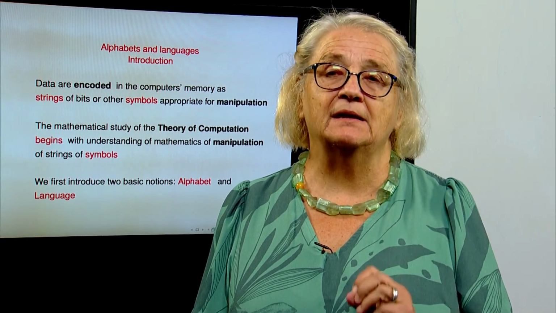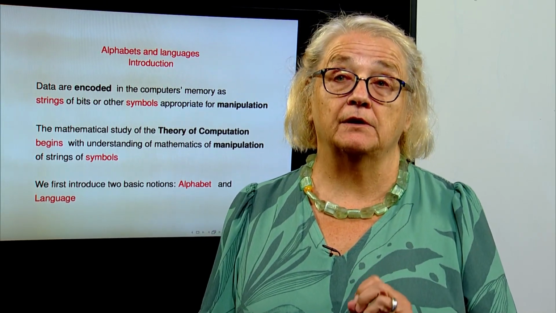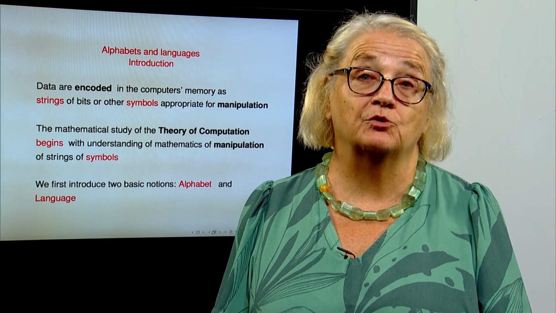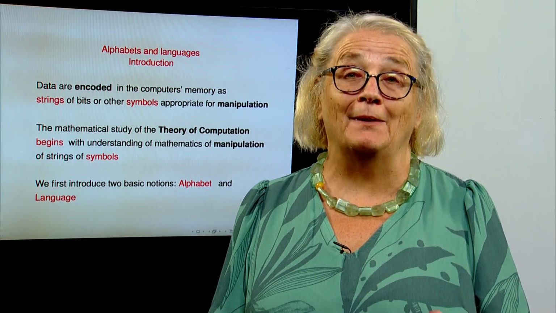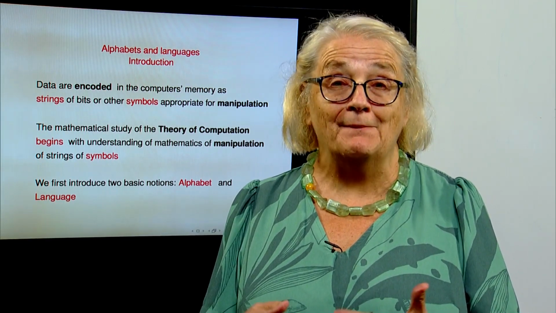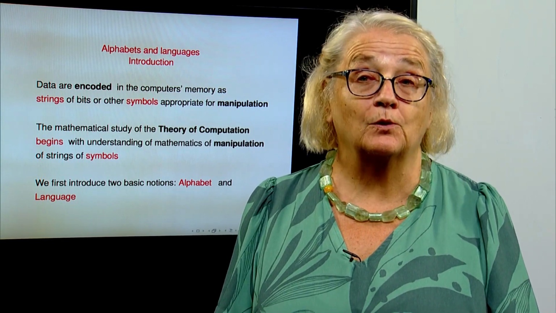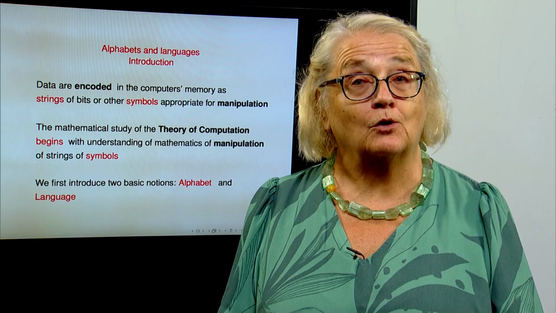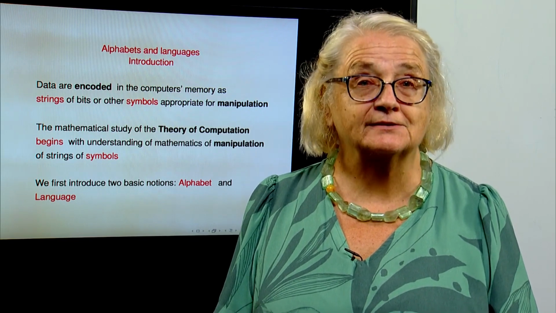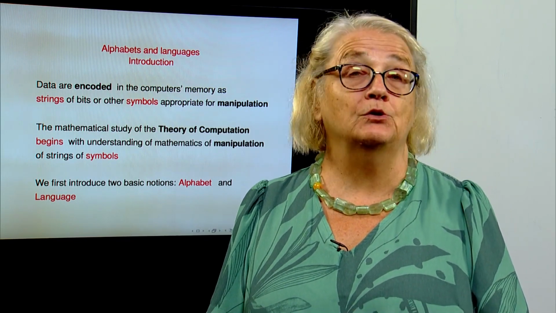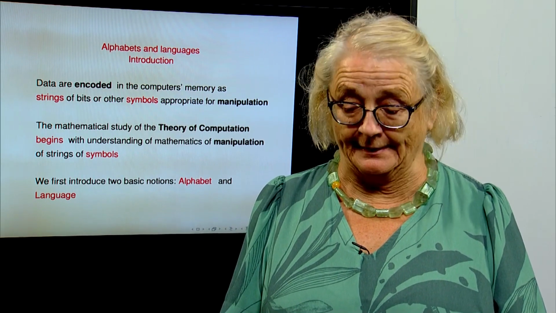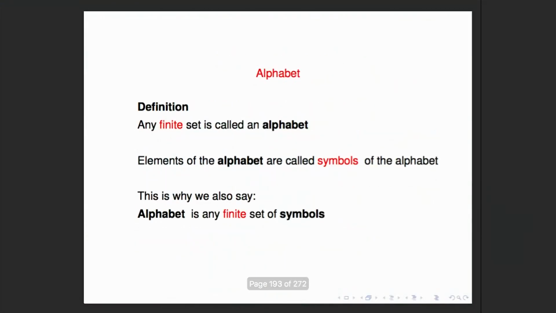The mathematical study of the theory of computation begins with an understanding of the mathematics of manipulation of strings of symbols. So we are going now to talk about symbols and strings of symbols, and introduce two notions, alphabet and languages. So alphabet: any finite set.